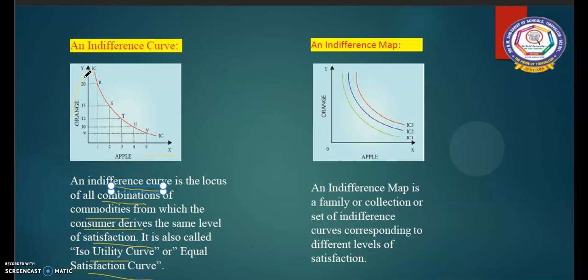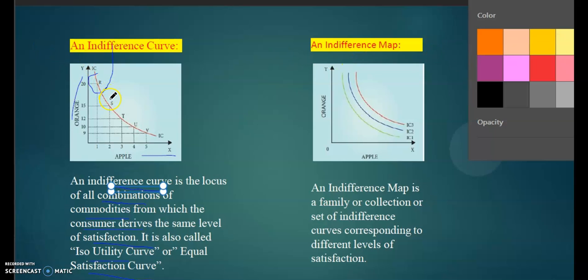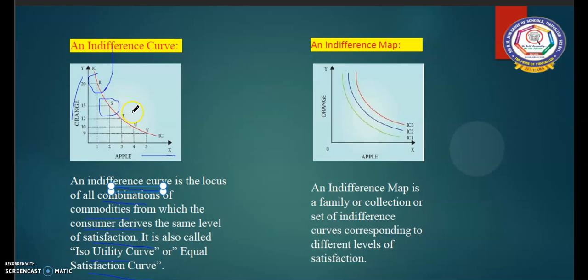So point R represents the combination of one apple and 20 oranges, and here at S 2 apples and 15 oranges, at T 3 apples and 12 oranges, at U 4 apples and 10 oranges, and at last V 5 apples and 9 oranges.